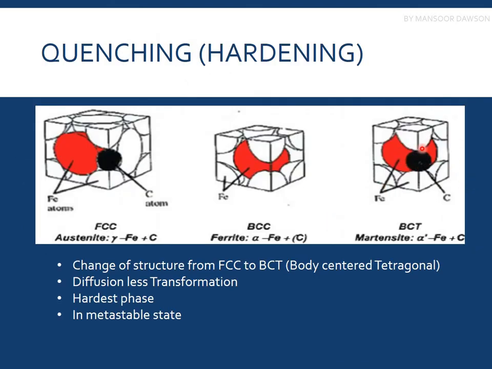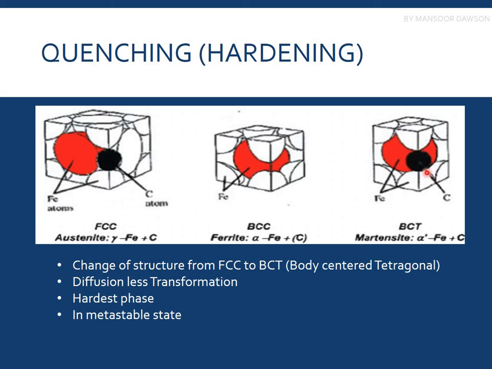The carbon atom in this case is the interstitial impurity. The size of the carbon atom is much smaller than that of the iron atom, and it gets stuck in between the BCC structure.